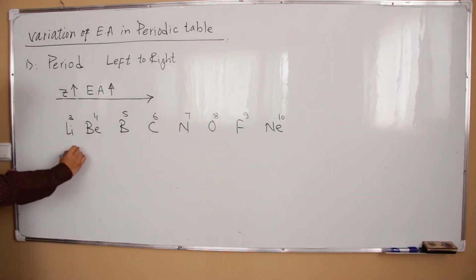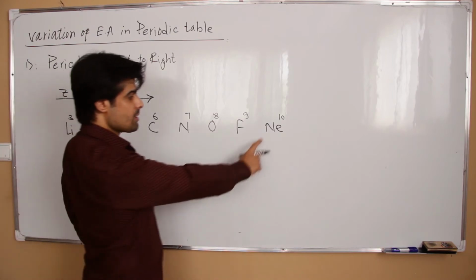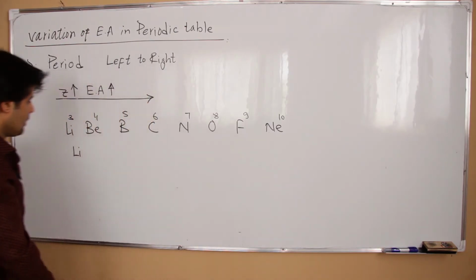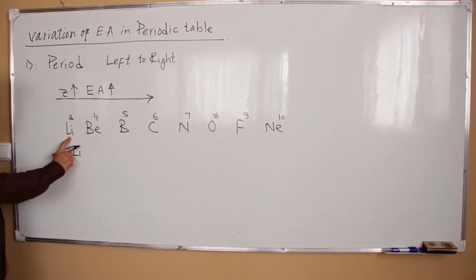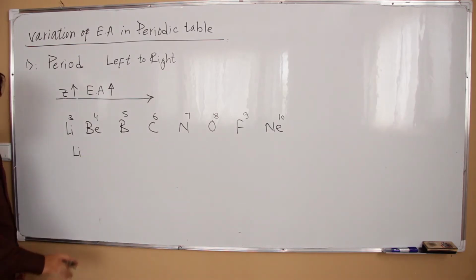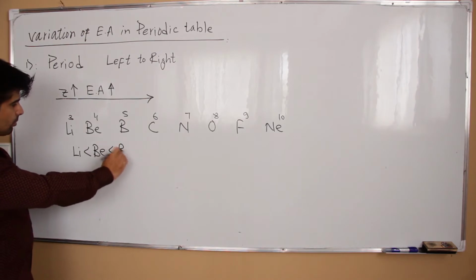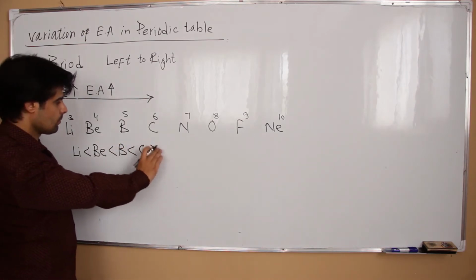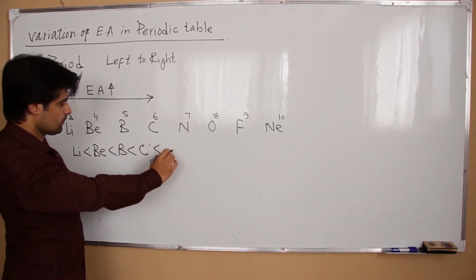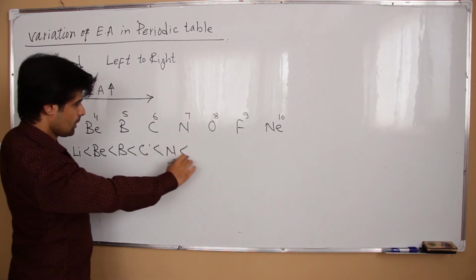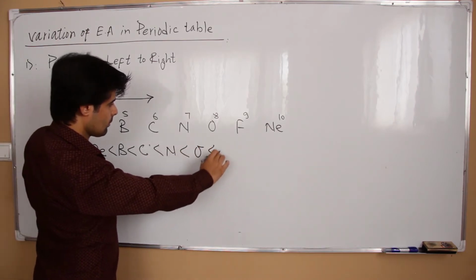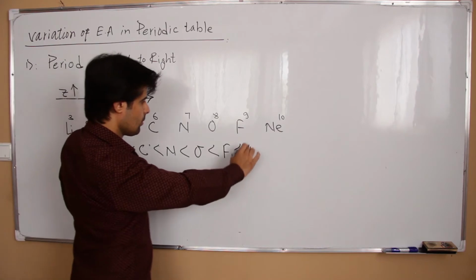So this one has the least electron affinity and this one has the most in the second period. It should be lithium, beryllium, boron, carbon, then nitrogen, then oxygen, then fluorine, and then neon.